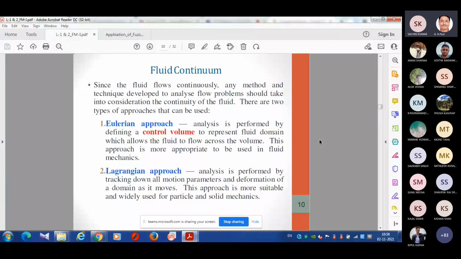Each camera will track every student. But in case of the Eulerian approach, you require only one camera, and that too at a fixed location. So you see, the Eulerian approach is always easier. That's why in fluid mechanics, we'll only follow the Eulerian approach.